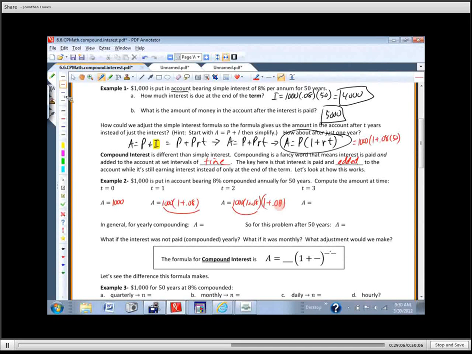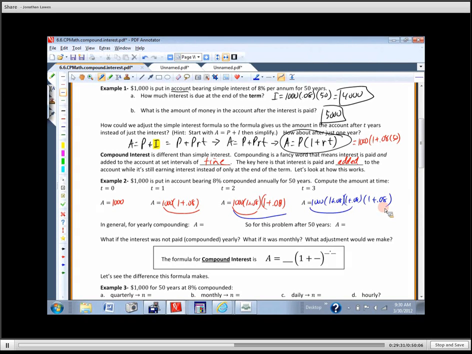I'm going to change colors here. This is how much is sitting in there for the third year. So that's the principal for the third year: 1,000 times 1 plus 0.08, times 1 plus 0.08. That's how much is sitting in there for the third year, and then they're going to give us 100% of that plus 8%.